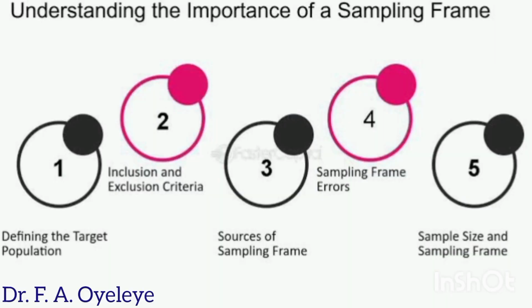Now, the sampling frame is designed in such a way that every entity is assigned a number, of course in a serial way, number 1 to the end. For instance, if we are talking about the population of pregnant women in a particular state, say we have 1,000 of them.